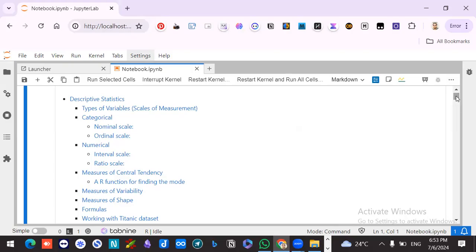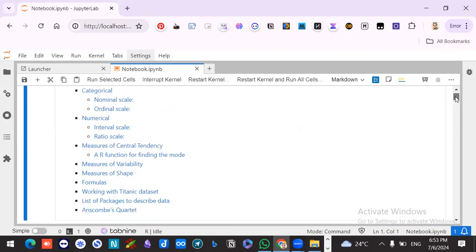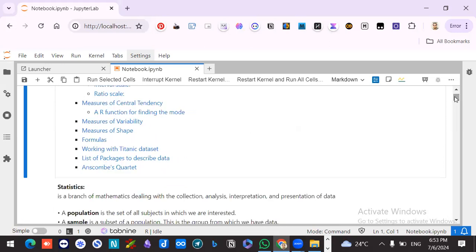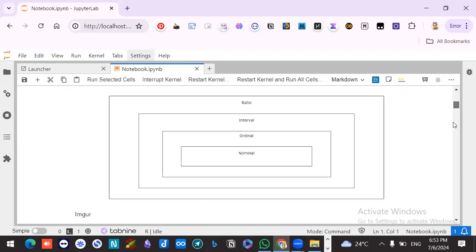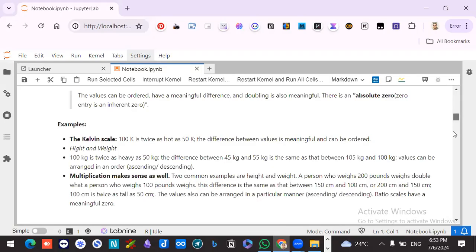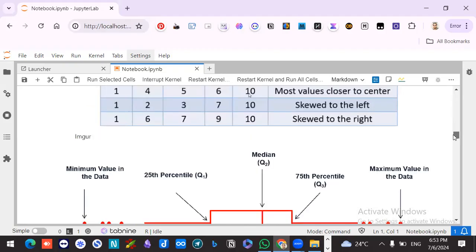Then we went through central tendency, where we understood mean, median, mode, and variability, and we went through shape. So these are the topics we covered.